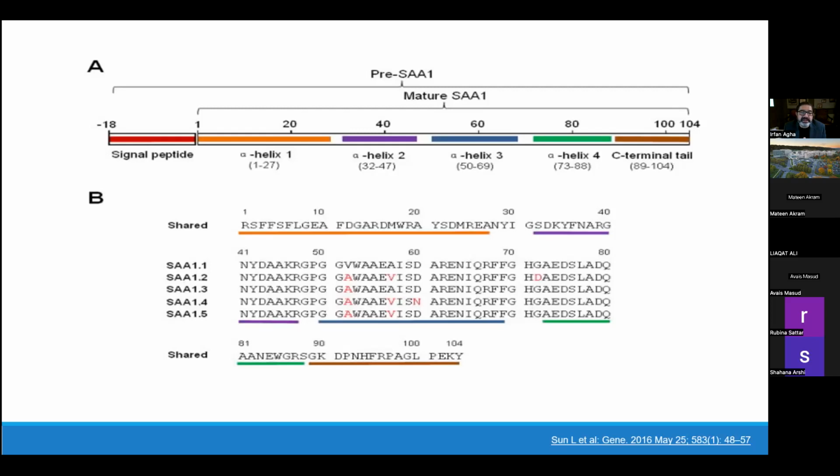It's secreted initially as a pre-SAA protein, and then the signal peptide is truncated, and the 122 amino acid protein is secreted into the system.